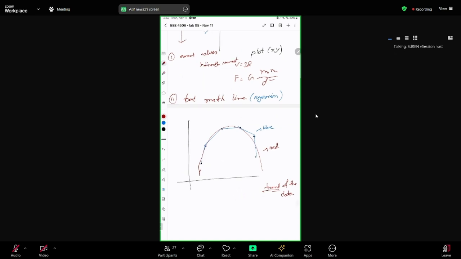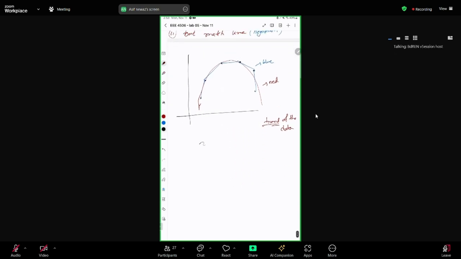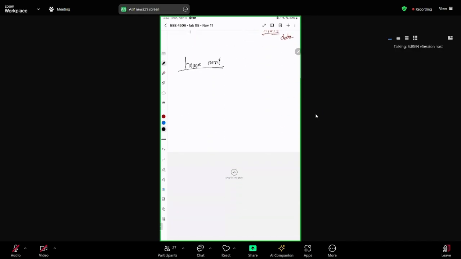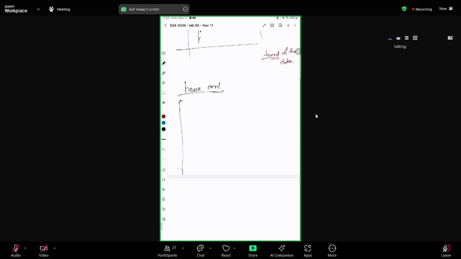Let me give you another example. Say you are trying to find house rent. On the x-axis, you have the number of rooms, and on the y-axis, you have the rent of the house.